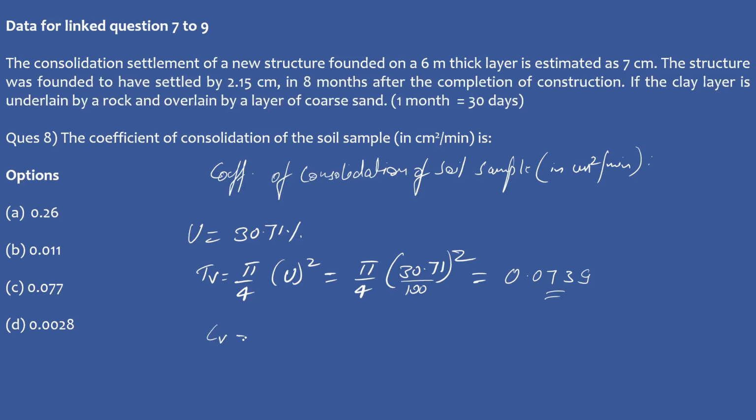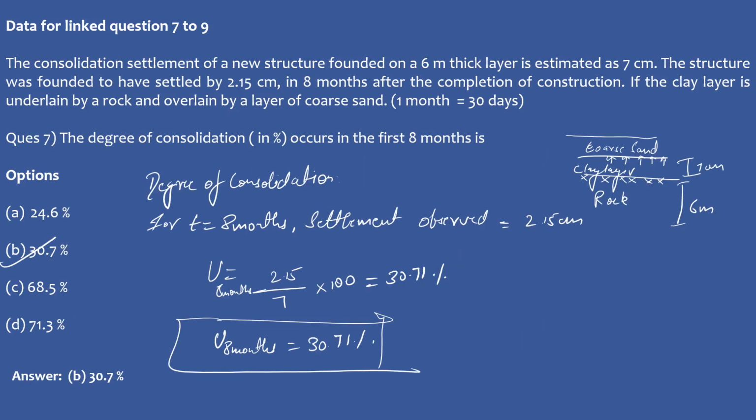So the coefficient of consolidation is Cv equals Tv into H square by t. So if I calculate Cv, that's 0.0739 into the thickness of the layer, which is 6 meter thick.